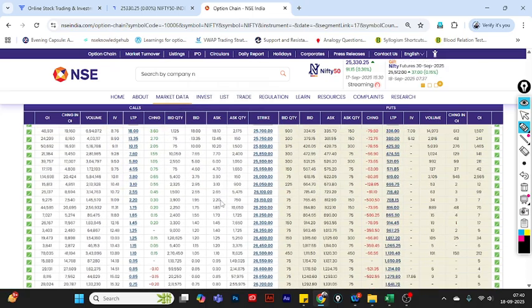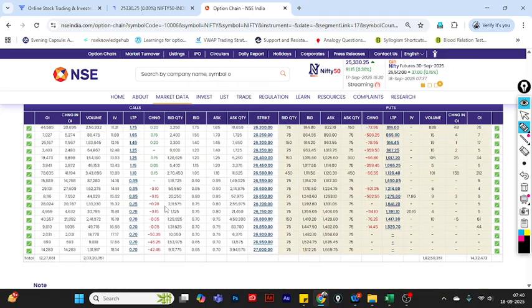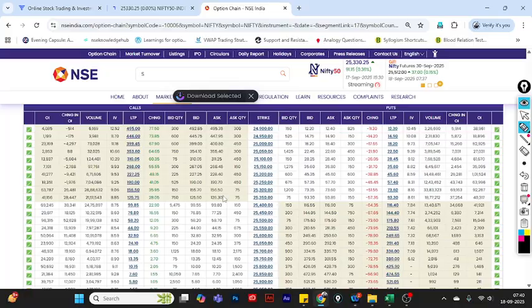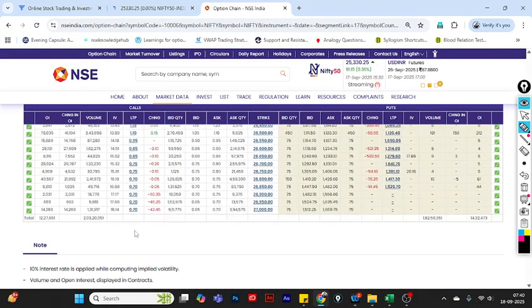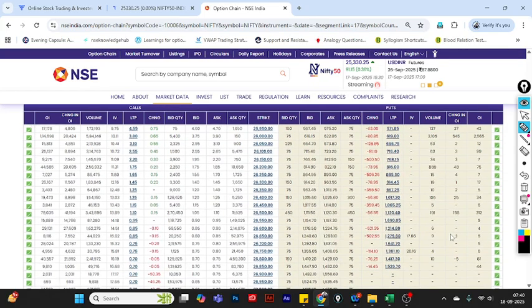You don't have to check every strike, you have to look at the closer strike prices, that will work fine. In total, open interest on the call side is 12 lakhs and on the put side 14 lakhs. So now also the market is in a positive trend.